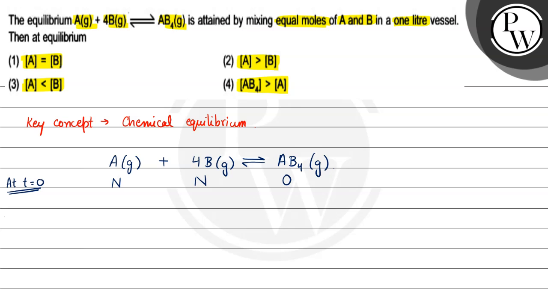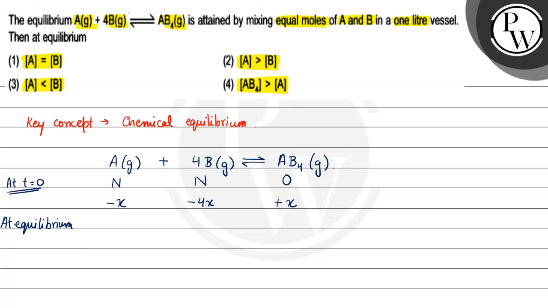Then, at equilibrium, some amount of A and B has reacted to give AB4. A का x amount react करेगा, B का 4x रिएक्ट करेगा बिकॉज A और B 1 और 4 रेशियो में है देयर अकॉर्डिंग टू देयर स्टोइकियोमेट्री. AB4 का x अमाउंट फॉर्म होगा.